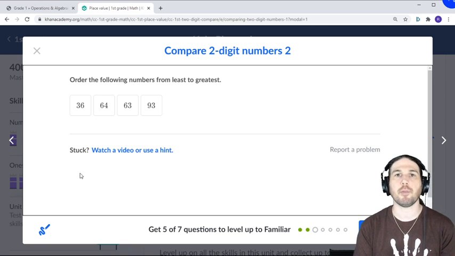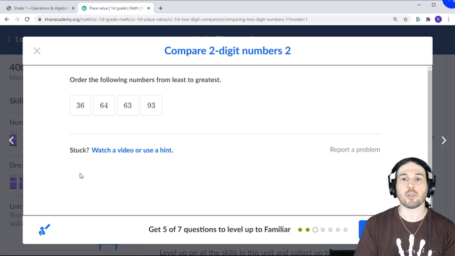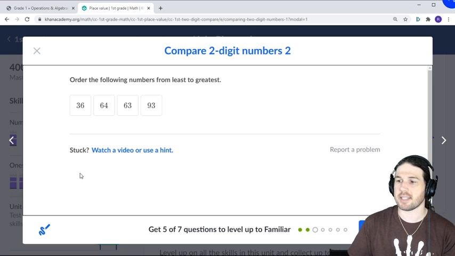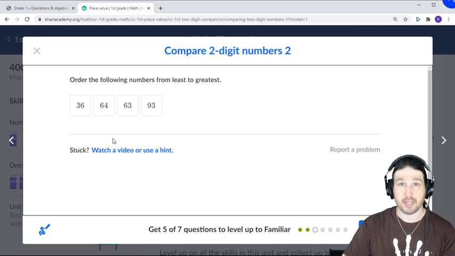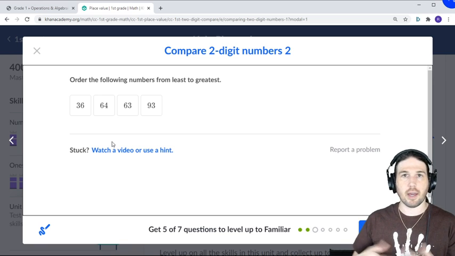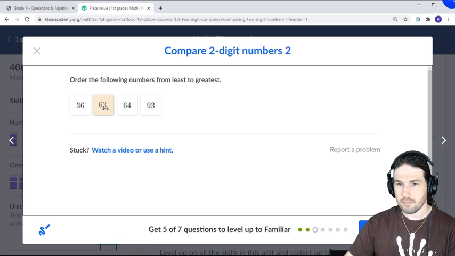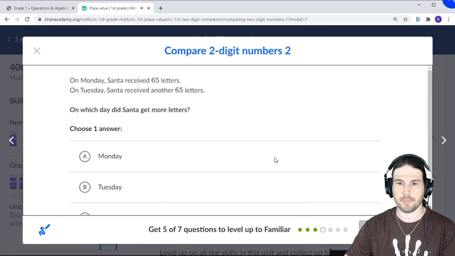The only time you have to worry about whether or not the number is bigger or smaller is when the tens digit is the same, which is the case for these two middle ones right here, right? 63 and 64 are both 60, and then you have to actually compare the ones digit. 36, 63, 64, 93. Excellent.